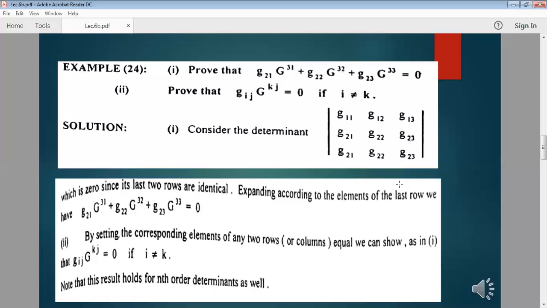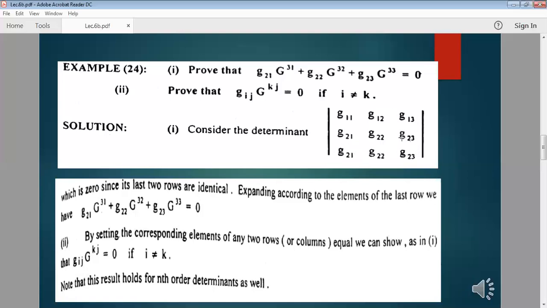Expanding according to the elements of the last row, we find the cofactor of this term, the cofactor of 22, and the cofactor of 23. To find the cofactor of this term, we delete this column and this row.